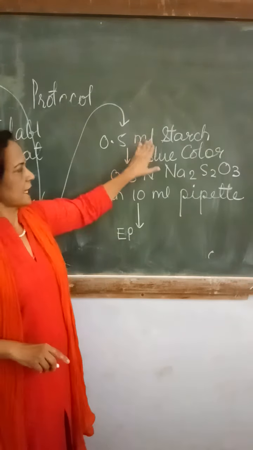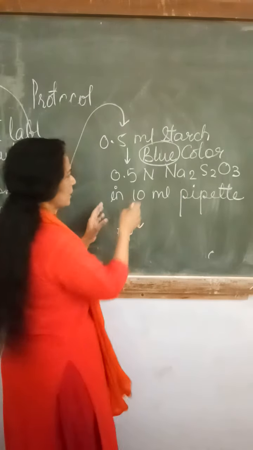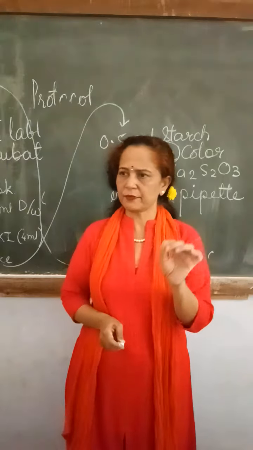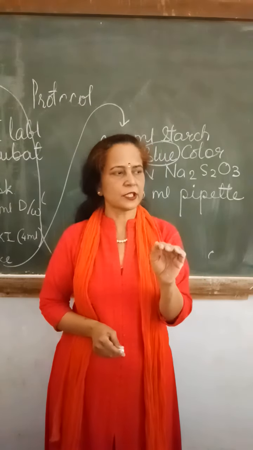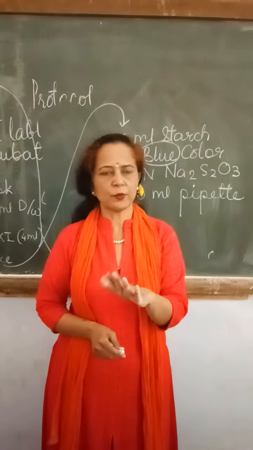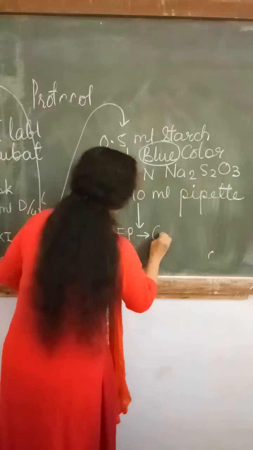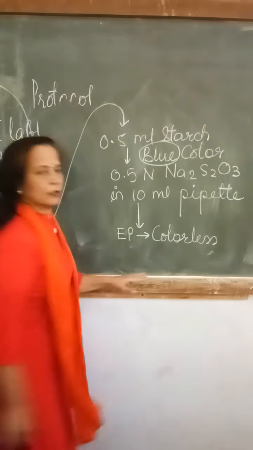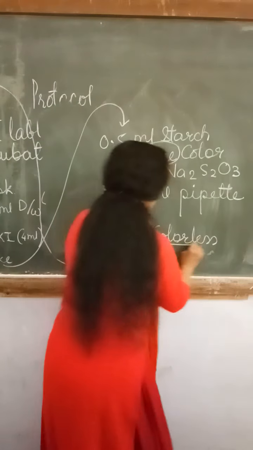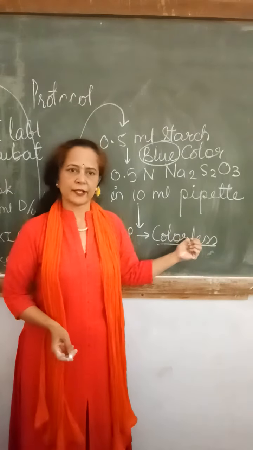After addition of the starch, the color of the solution will get blue. When you add sodium thiosulfate gradually, at one point you will stop because the color has changed from blue. The end point will be noted when your solution becomes colorless. This is the end point of this dichromate method.